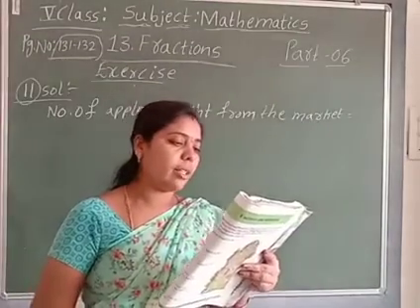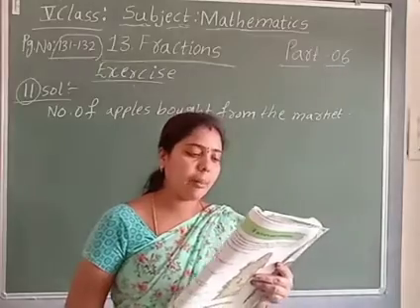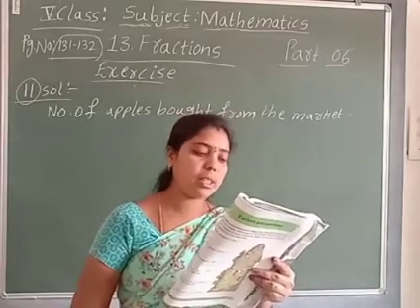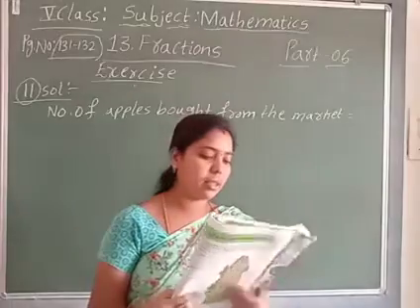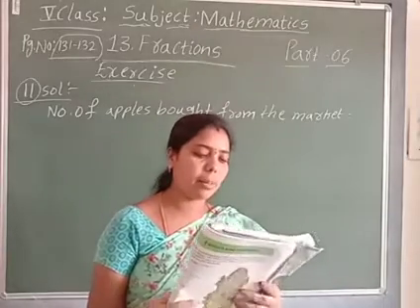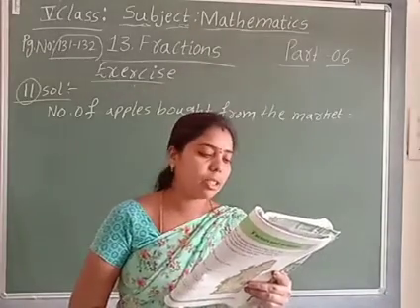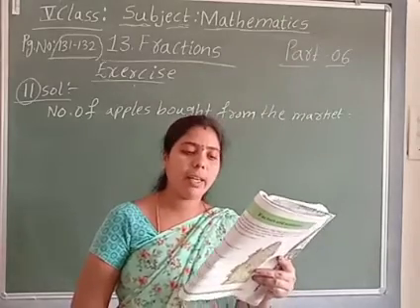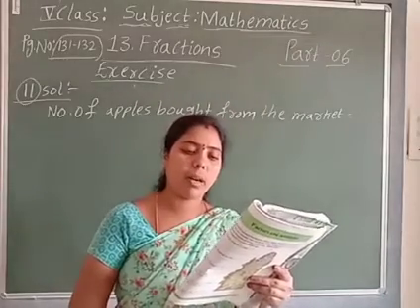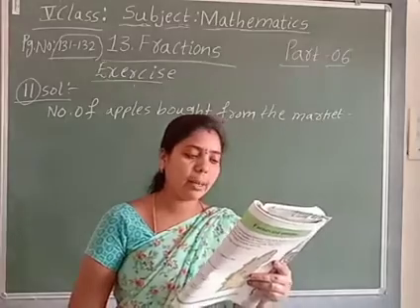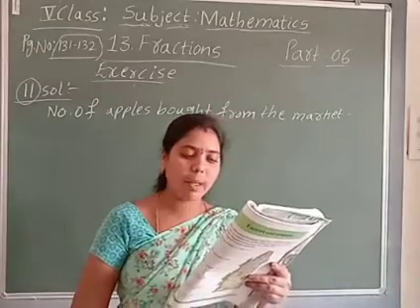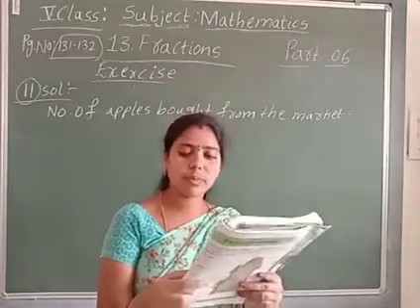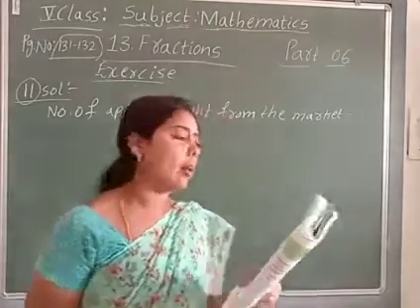Okay children, 10th problem. When Abdullah climbed up 3/4 of a tree, how much was left to climb? You will do that the same as the 9th problem only, no? 11th one. John bought 12 apples from the market. He and his family ate 5/12 part of the apples and 3/12 part of the apples got spoiled. So how many apples are left? Write as fractional numbers.